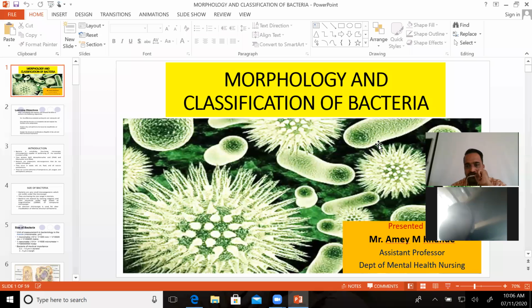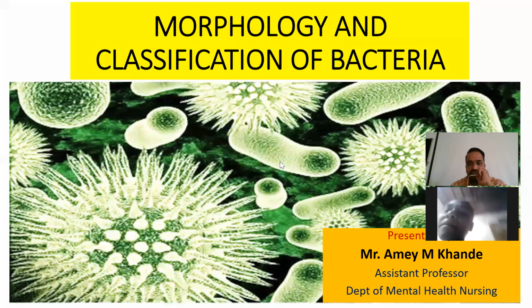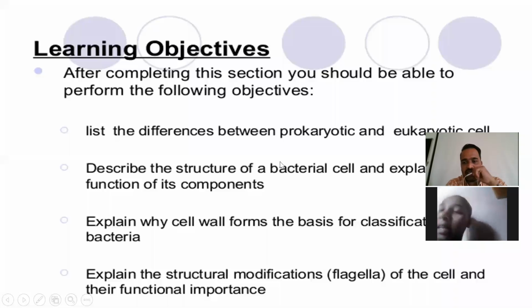So we will be dealing with morphology and classification of bacteria. What are the learning objectives of this particular unit, or what will you be doing once this unit is completed?